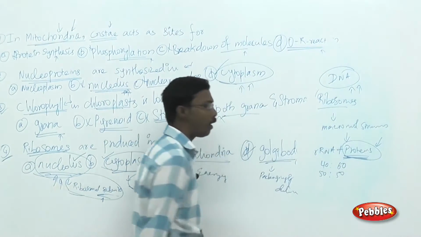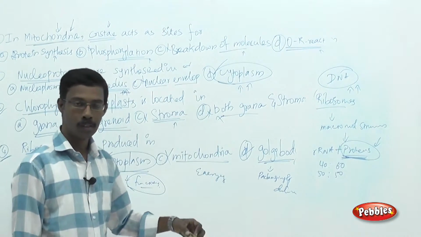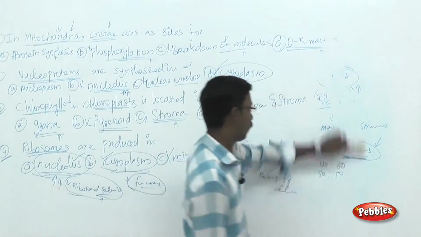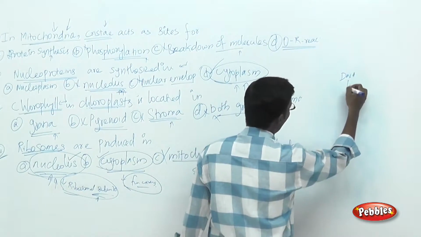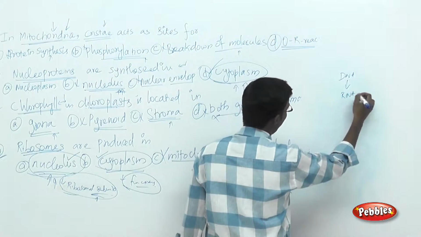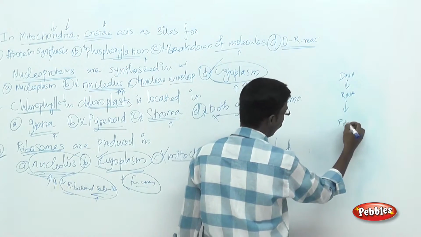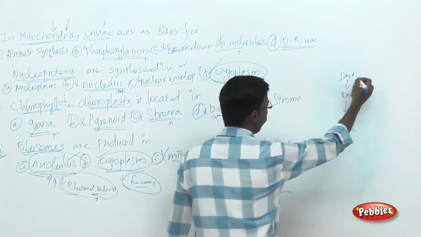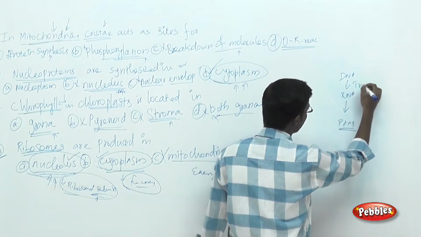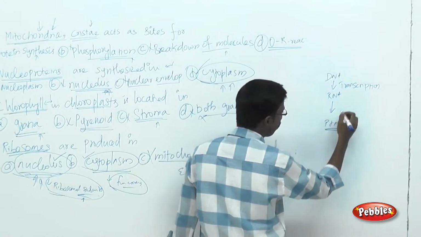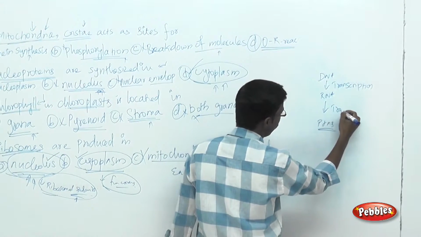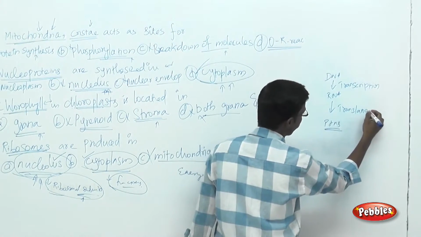The DNA molecule is required for the synthesis of RNA. I will give you a very clear picture. DNA is a molecule. From the DNA, RNA is synthesized. From the RNA, proteins are synthesized. From DNA to RNA, the process is called transcription. RNA to protein, the process is called translation.